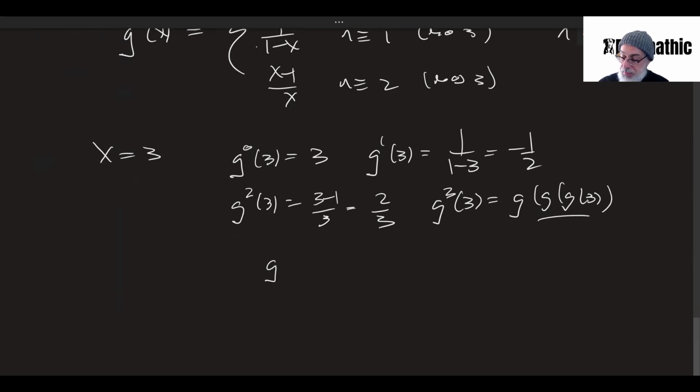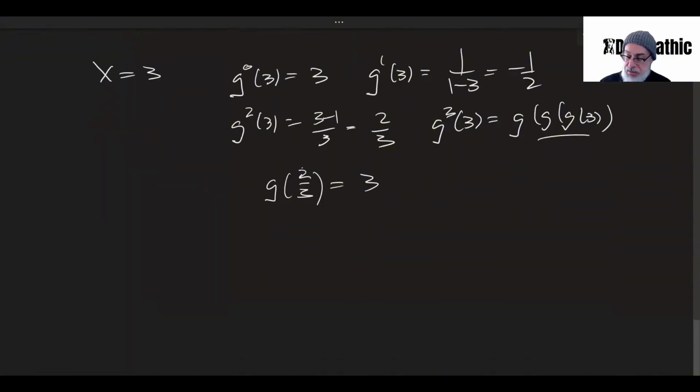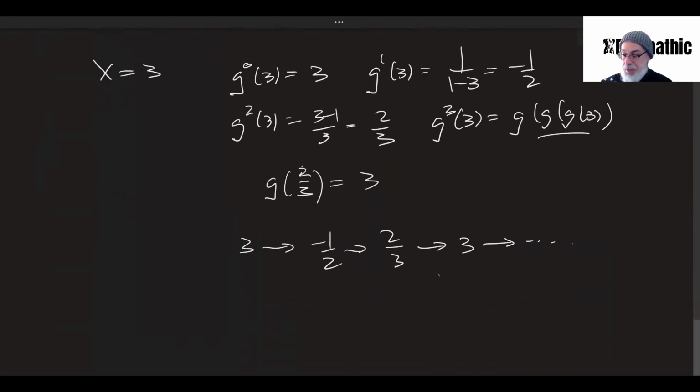So what's g of 2/3? Well, it gives us 3. So this is cyclic in the sense that we go from 3 to negative 1/2 to 2/3 to 3 and all the way back. So that's what happens. Anytime we input a value, we can just use one of these. We don't need to compose.